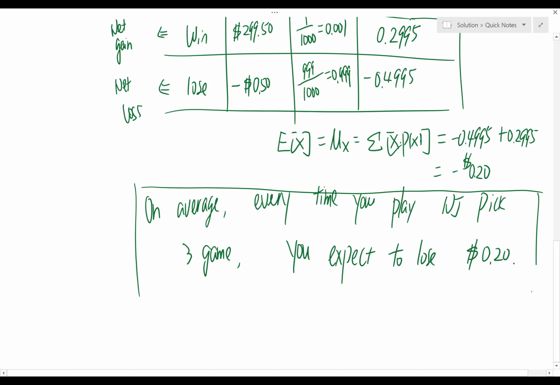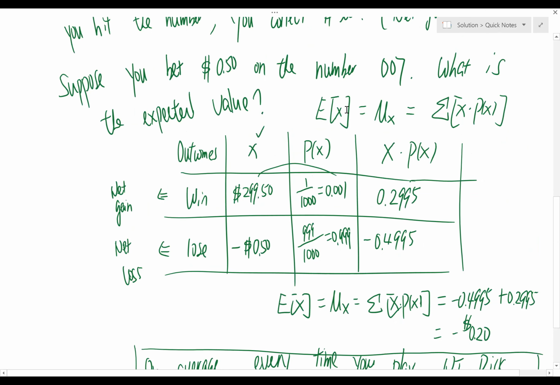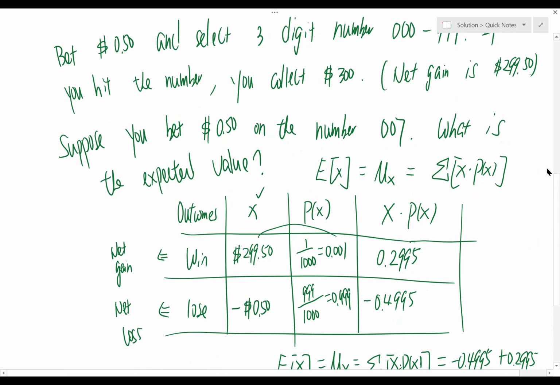And it's quite useful in making decisions on an investment activity or any gambling activity. If you feel it's not a good game to play, not worth playing, then you just drop it, right? But if you feel it's not too bad, on a 50 cents bet you only lose 20 cents, but still, when you win, you win $300, right? The payout compared to your bet is pretty high.